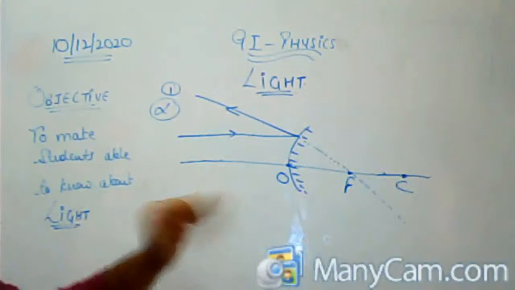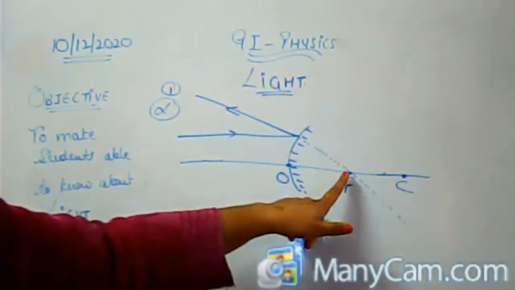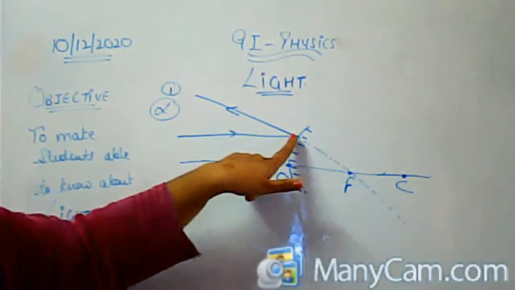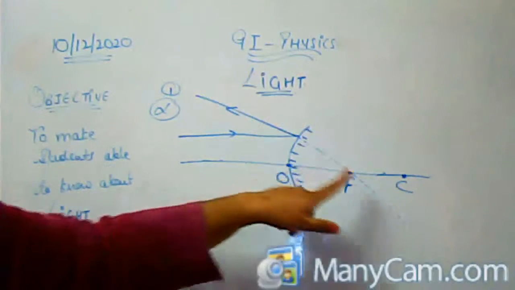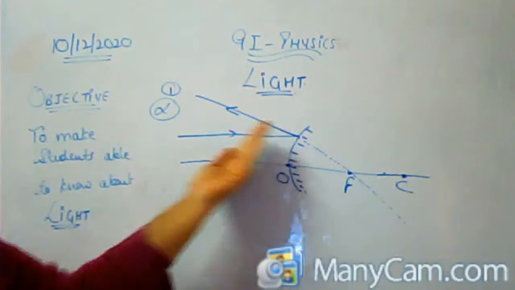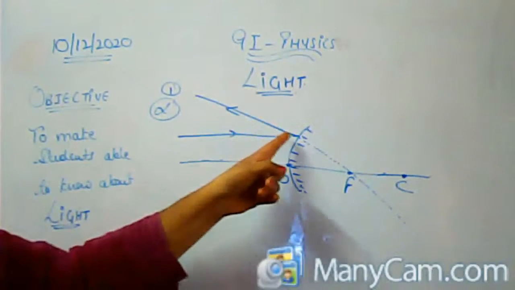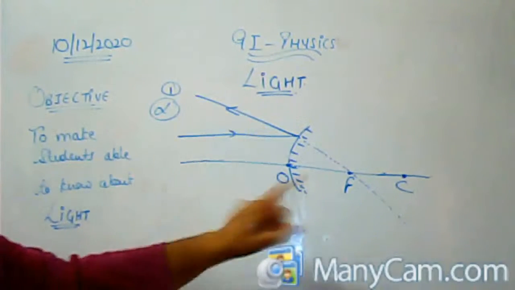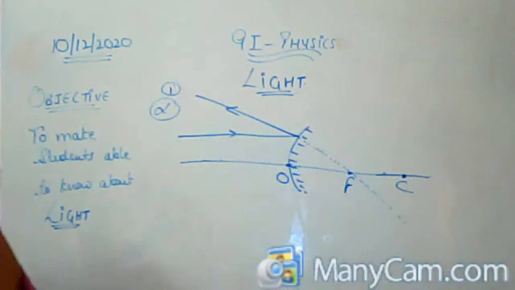फाइन. So what you are going to do is you are going to keep your scale on focus and on this point where they intersect, and you have to draw a straight line. Mirror reflecting side पे it has to be a straight real line, and on the other side it has to be an imaginary line. Imaginary means जो line आप dotted draw करोगे, that is your imaginary line.